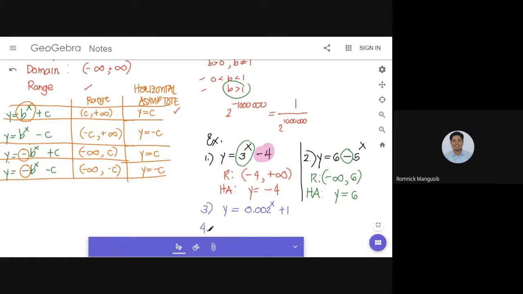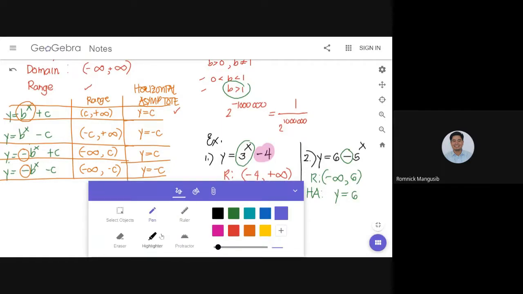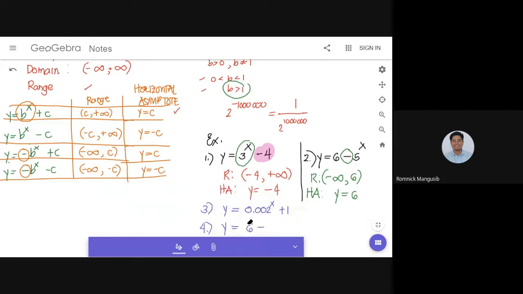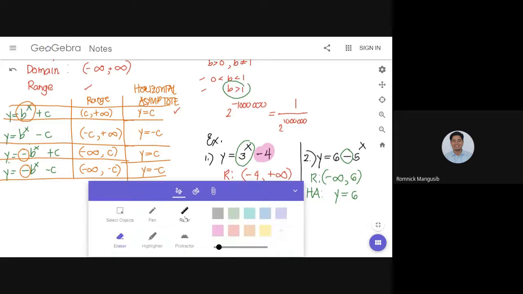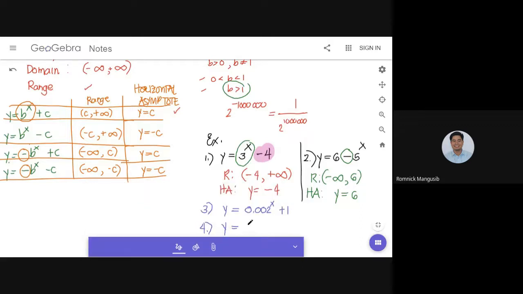And the second, y is equal to, I'll change that, y is equal to negative 2 minus 7 raised to x plus 1.